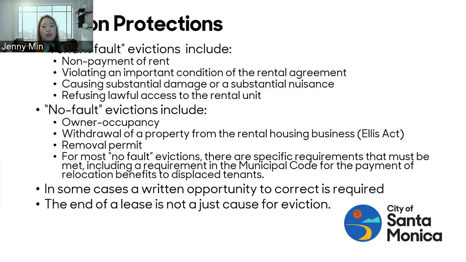So tenants accused of most lease violations, nuisance activity, or denying an owner lawful access to a unit must be given a written warning and a chance to fix the problem before the eviction process begins. A tenant is entitled to use the owner's failure to serve such a notice as a defense if it continues on into the eviction process. Next slide.